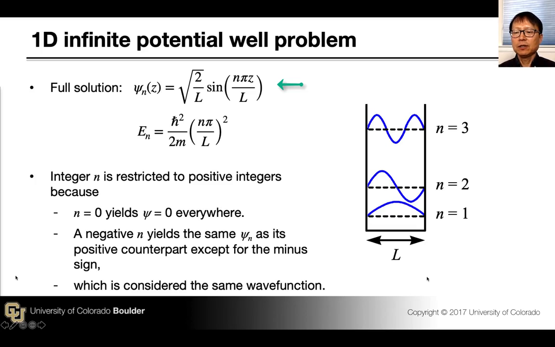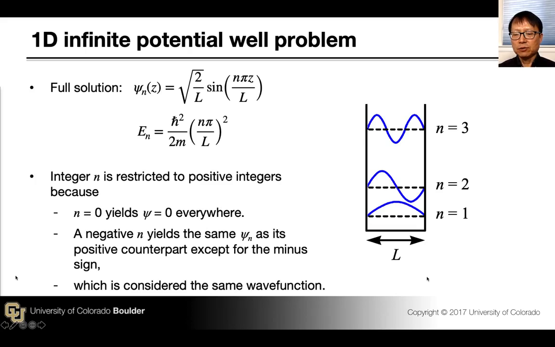Here is the wave function psi sub n given by the sine function, and here is the energy eigenvalue E sub n. We restrict the integer n to be a positive integer because when n is equal to 0, your sine function becomes 0.